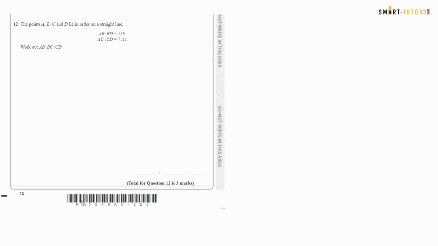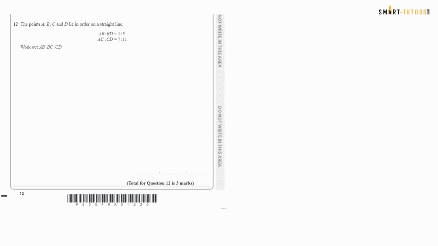Question number 12. The points A, B, C and D lie in order on a straight line, and the ratio between the lengths AB to BD is 1:5, AC to CD is 7:11. Work out the ratio of AB to CD.